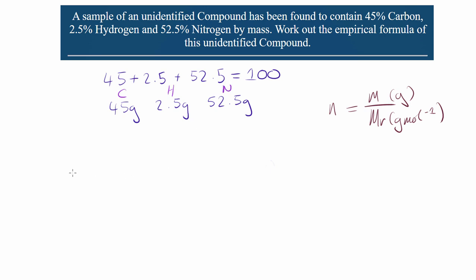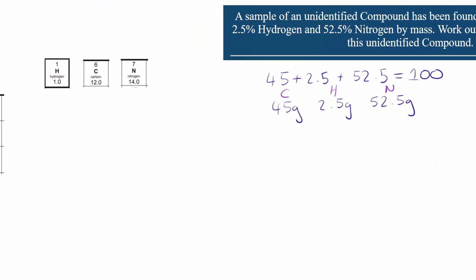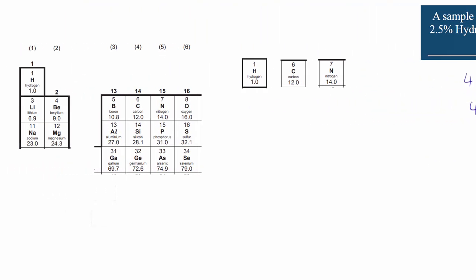In order to use this equation, I'm going to need the molar masses. You may know them, but even if you don't, you can use the periodic table to get the molar masses, which are effectively the relative atomic masses. So here we have hydrogen, nitrogen, carbon.